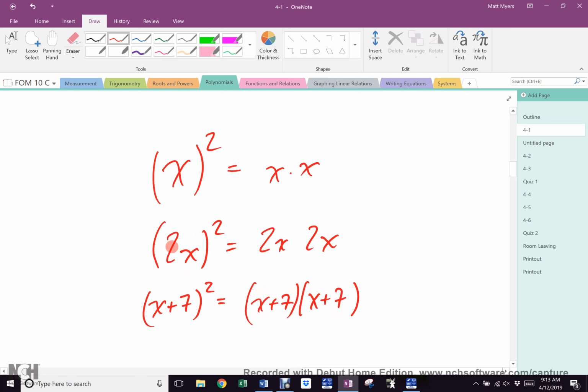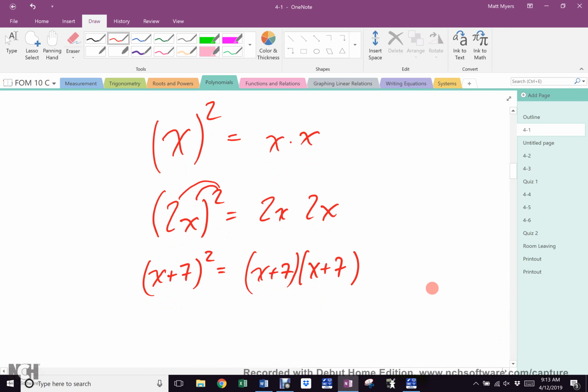Okay? When we're doing this, you people want to bring the exponent to both of them. Can you do that here? No. Why? Why is this not x squared plus 49?